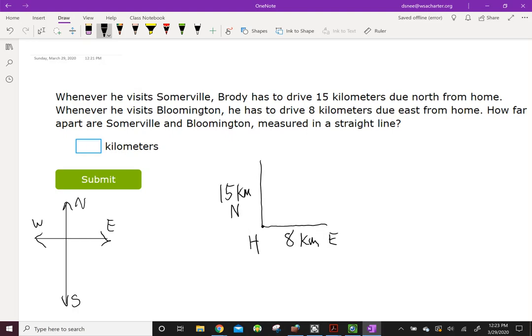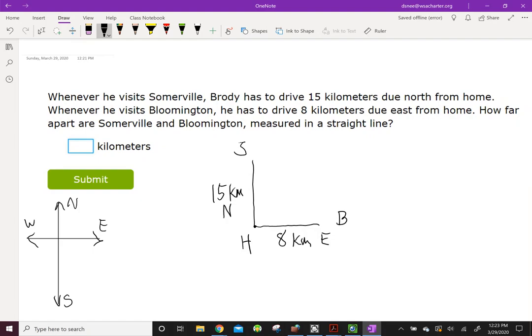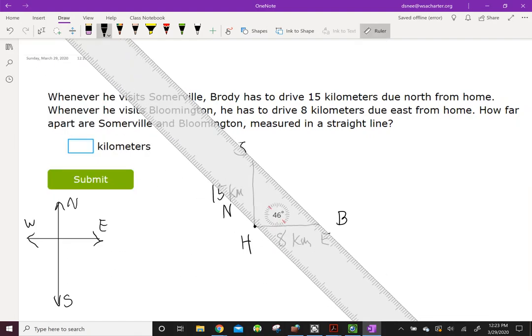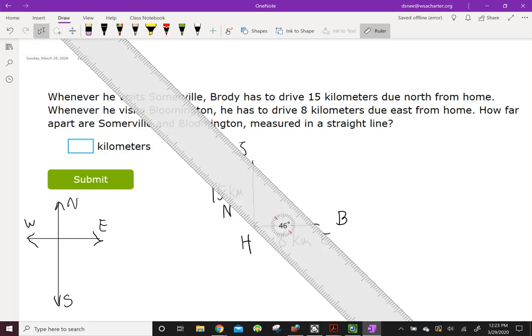How far apart are Somerville and Bloomington? So this is Somerville and this is Bloomington, and I'm trying to find the distance between those 2 points.